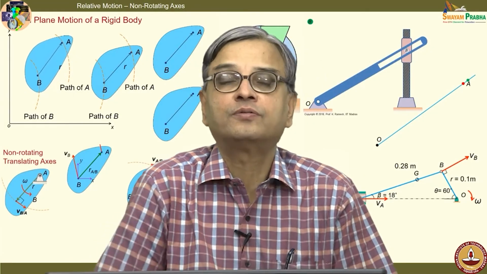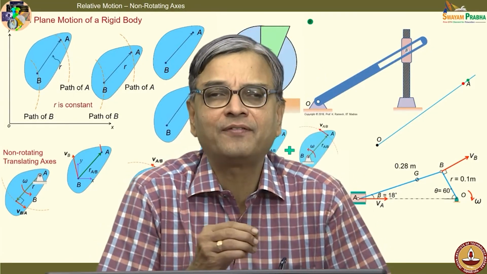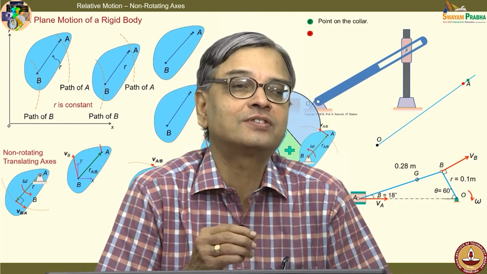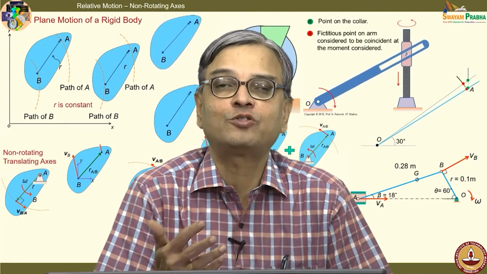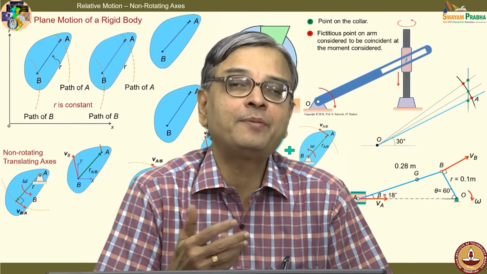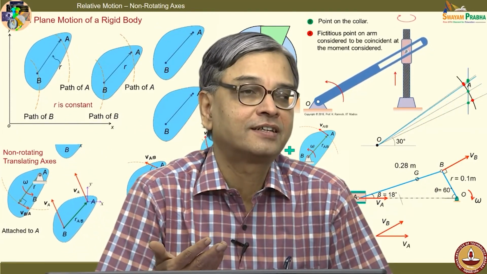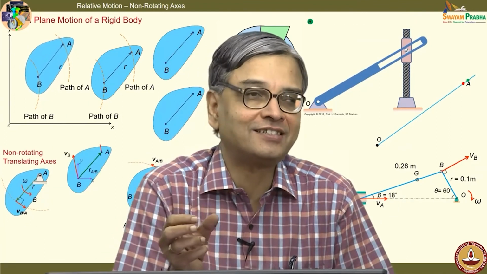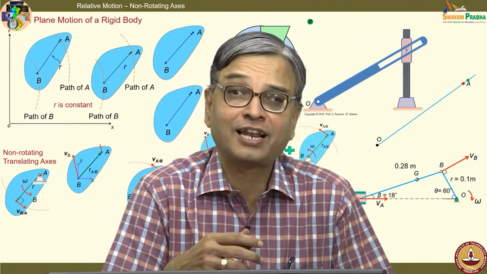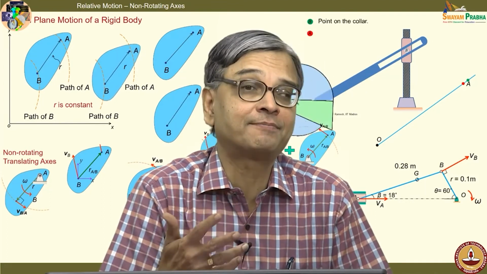See, mind you, you would find small variation in values when you do a vectorial analysis, primarily because when you are determining the position vectors, you are not taking all the digits. Fine, the round off errors can come. So, that is very common.